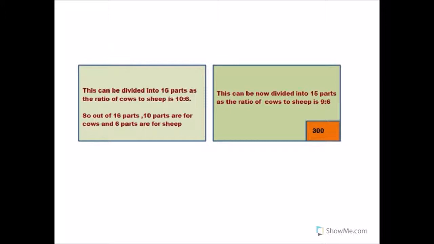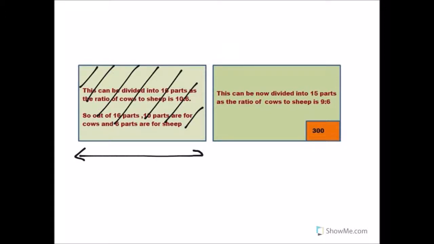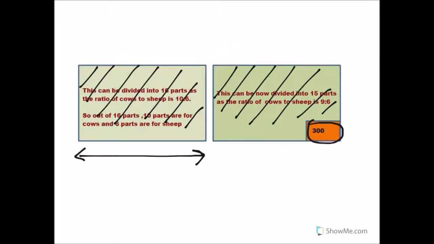Now, this total rectangular unit shows the total number of cows and sheep in the farm, and this part shows the total number after the 300 cows were sold.